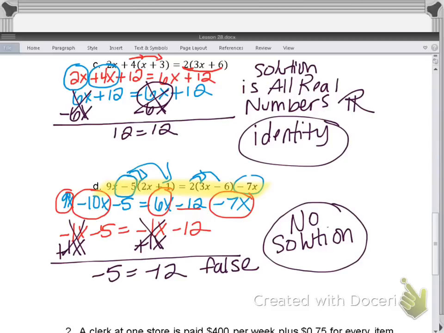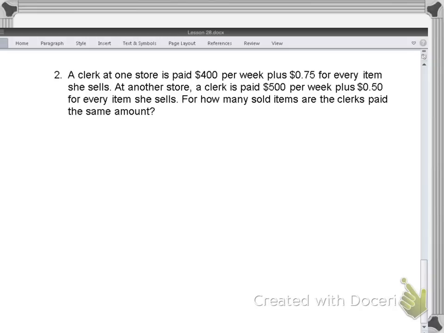Okay, moving on to the last example. A clerk at one store is paid $400 a week plus 75 cents. So that's $400 a week plus 75 cents for each item she sells. So that would be, sorry, my screen's moving.